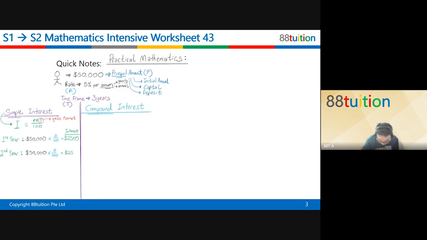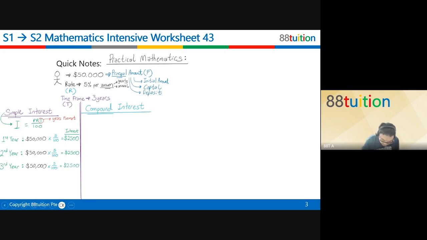Do you understand? And on the third year, because you are putting it inside for 3 years, the bank will give you another 5% on the third year, based on your initial principal amount of 50,000. And the interest that you're getting is another $2,500.